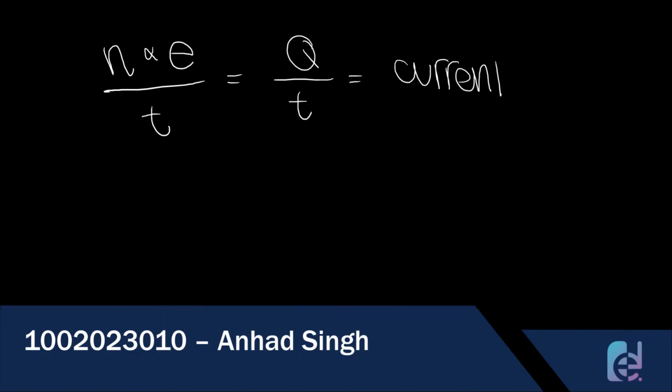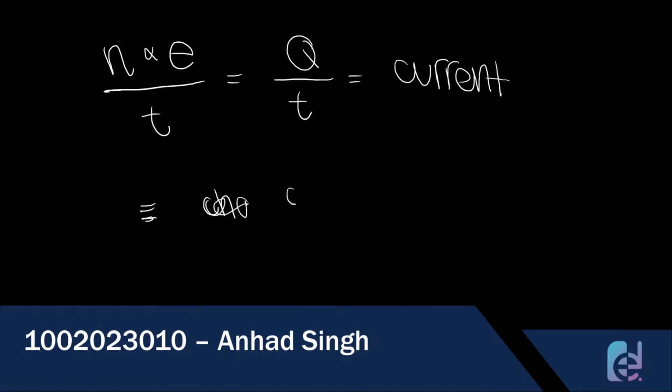So these two things are just telling us the same thing: how much charge is moving in a specific amount of time. What Q is, is the total amount of charge. What N into E is, is the number of electrons times the charge of one electron, which gives us the total charge. So current is charge per time.